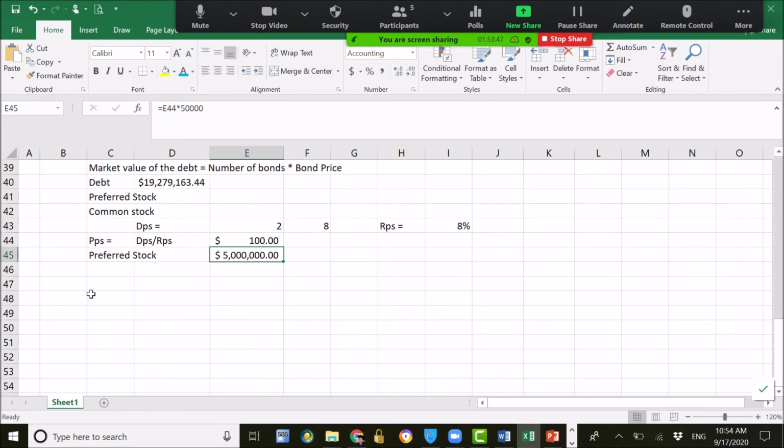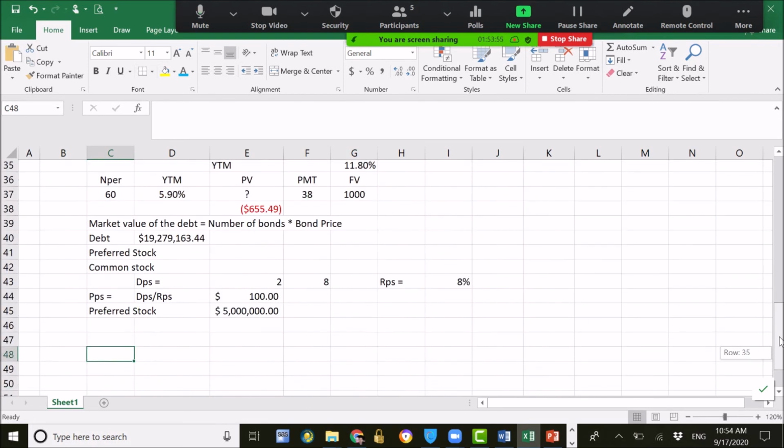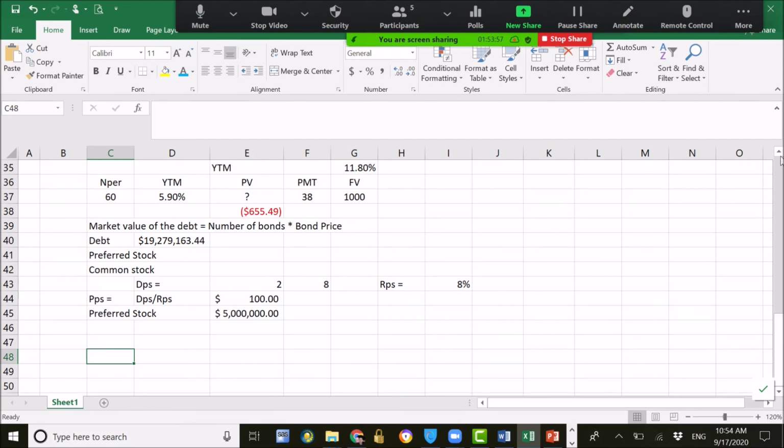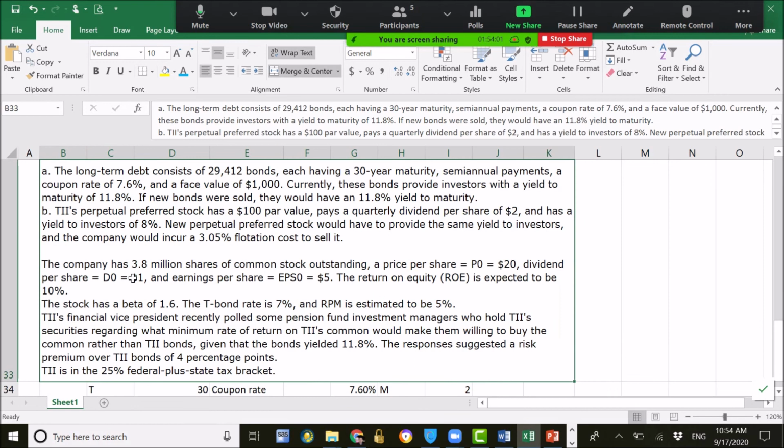Finally, you remember, we have three components: debt, preferred stock, and common stock. So let me bring in the common stock information. This is the preferred stock, and this is the common stock.